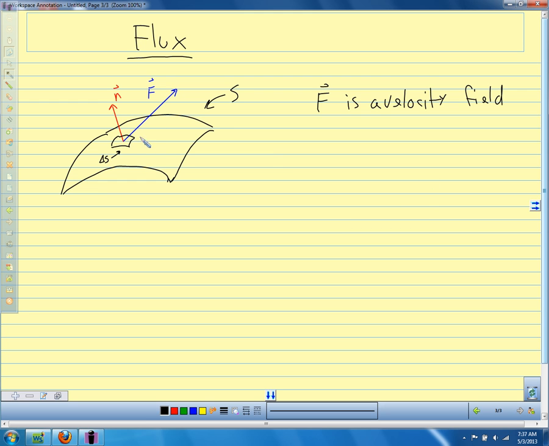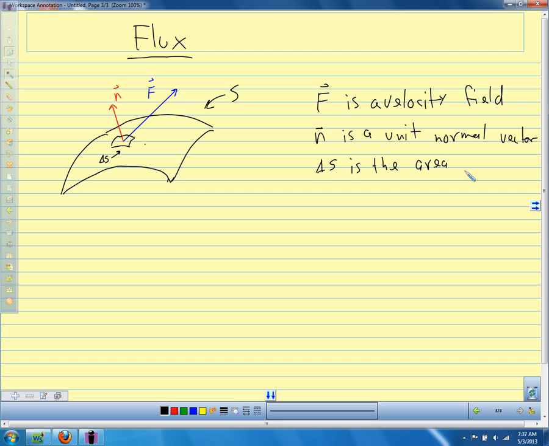So if we think of a liquid flowing through the surface, and F is the velocity field, n is our unit normal vector, delta S is the area.